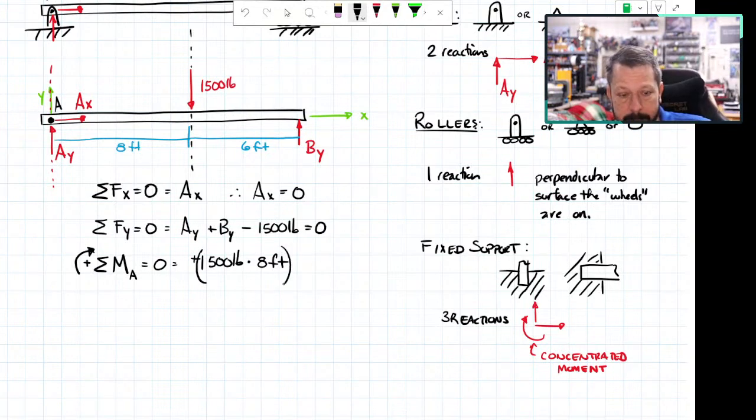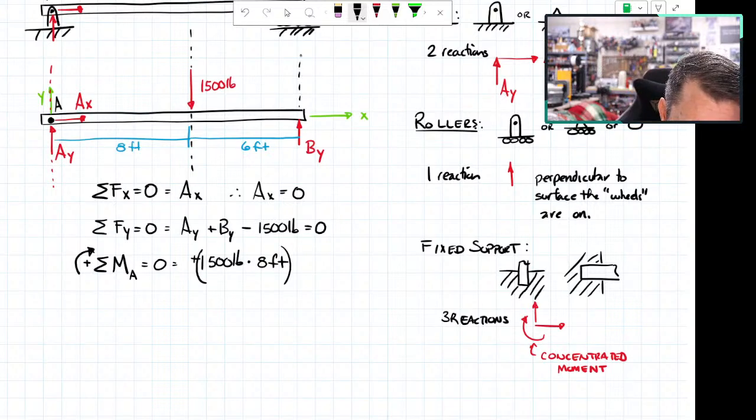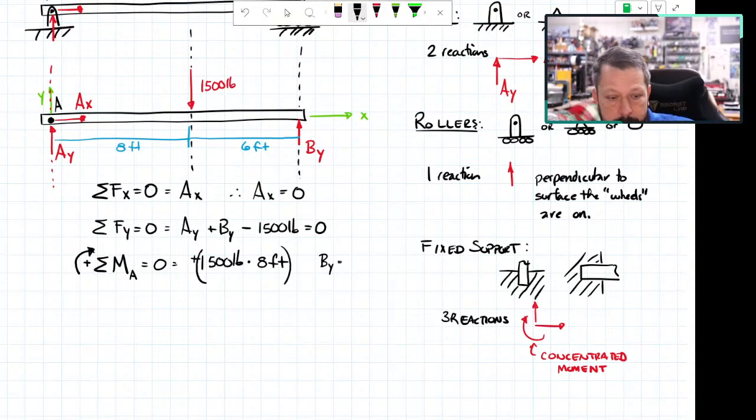BY, on the other hand, if I look at where BY is, I don't know its magnitude, but the way I drew the arrow, that arrow has a vertical line of action. So I need BY, whatever that number is, times a horizontal distance, because it needs to be perpendicular to the line of action. Distance between A and B, which is 14 feet, 6 plus 8.